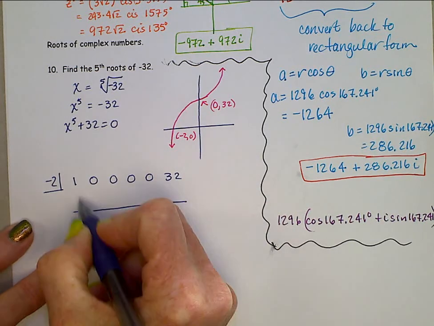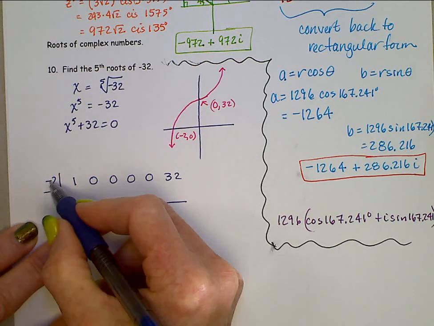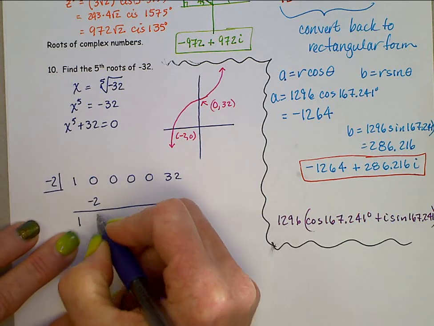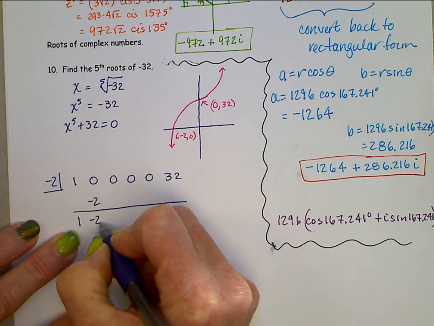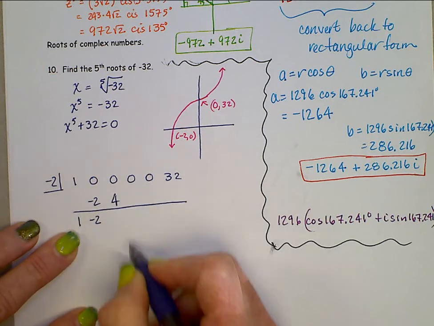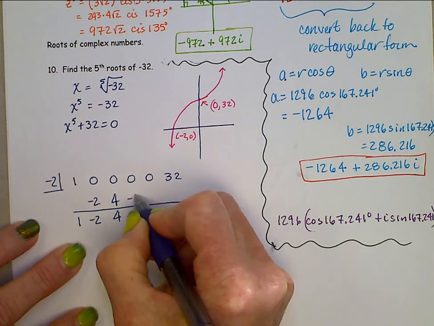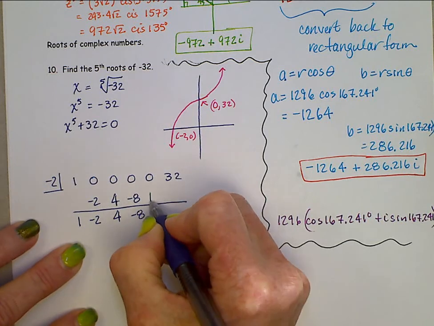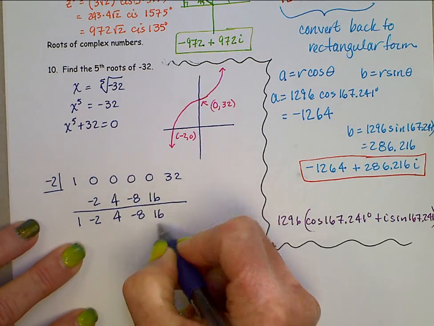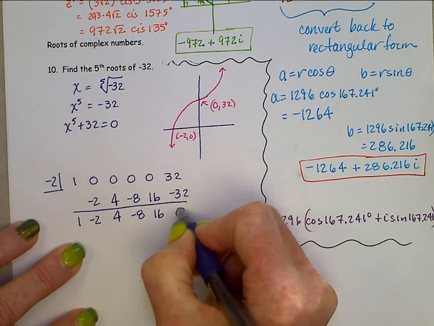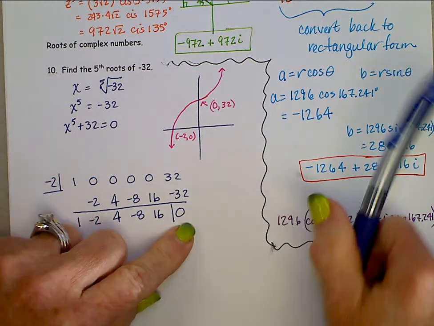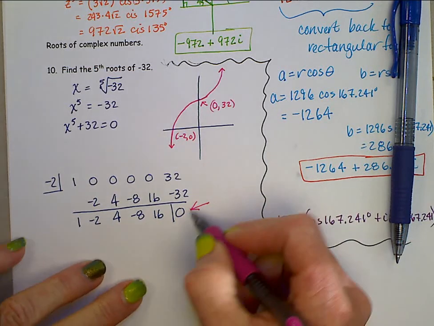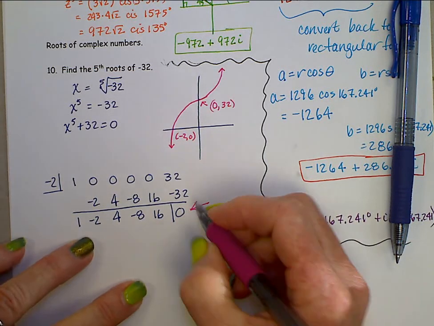We bring down 1, and then we multiply. 1 times negative 2 is negative 2, multiply, 4, and multiply, and multiply, and multiply, remainder 0. That makes sense. If that's a zero, then we should get a remainder of 0.